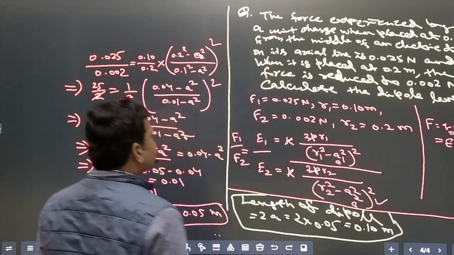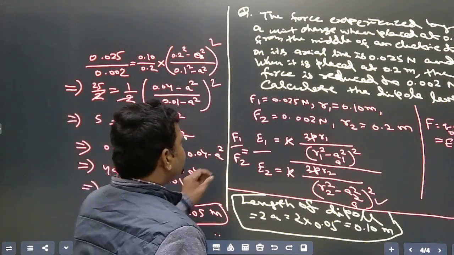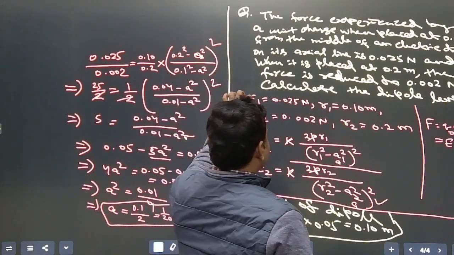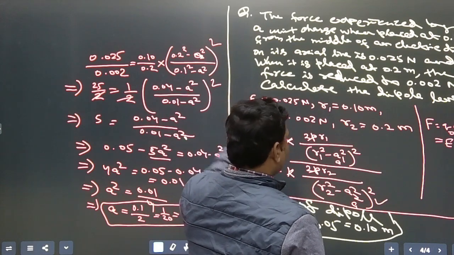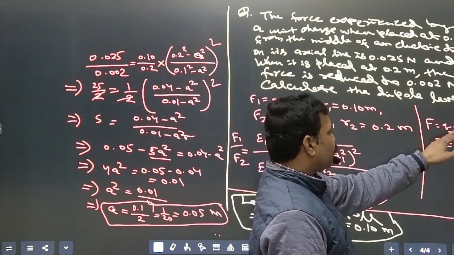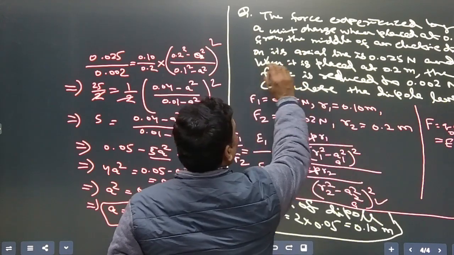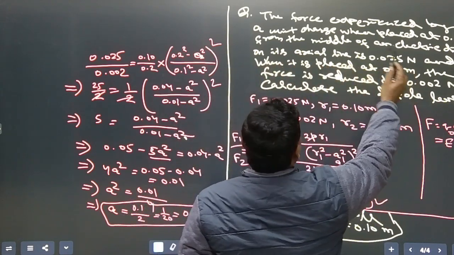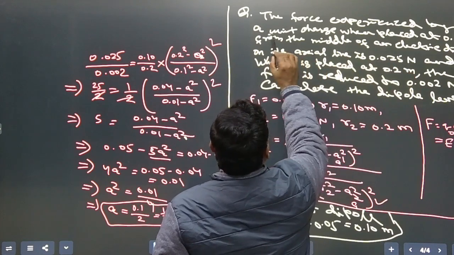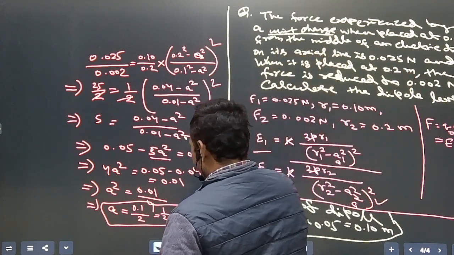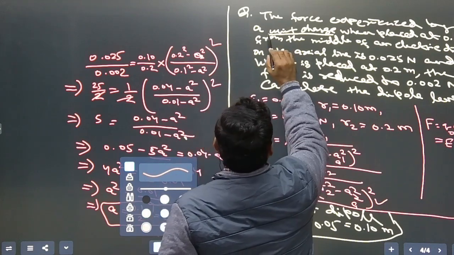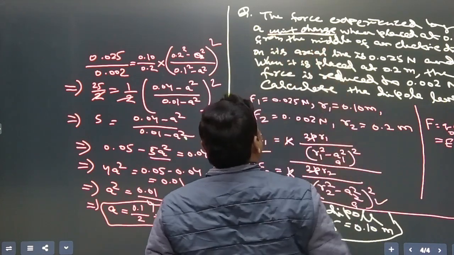So in this question you have to understand that the force experienced by a charge when placed in an electric field will be equal to Q into E. And in this question the Q naught, that is the test charge, is given as unit charge. So we can consider that the force is equal to the electric field intensity.